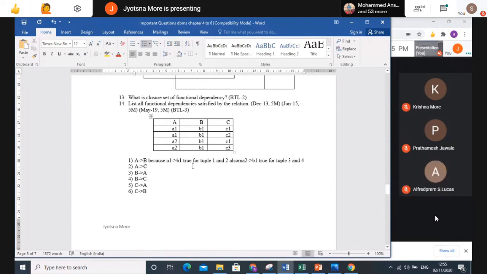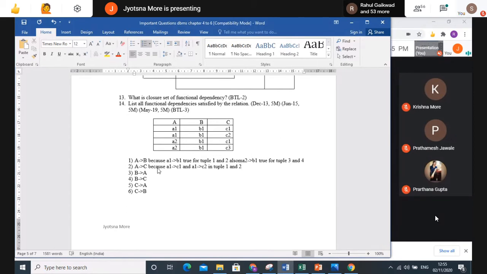So you can write the reason: because A1 determines C1 and A1 determines C2 in tuples 1 and 2, which is against the functional dependency definition.